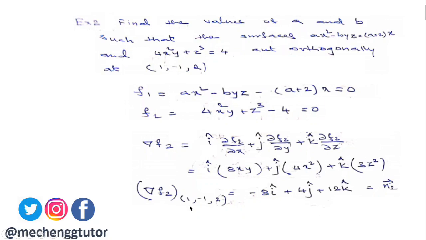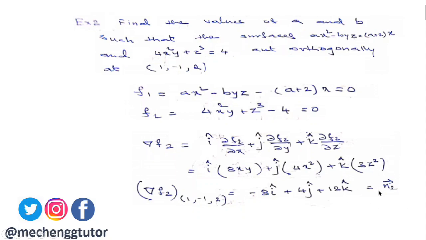Del f2 at 1 minus 1 2 you calculate, that's equal to, it is 1 into minus 1 means minus 8i. Then 1 square is 1, so plus 4j plus k into 3z square, so 12k. Call it as n2 bar.